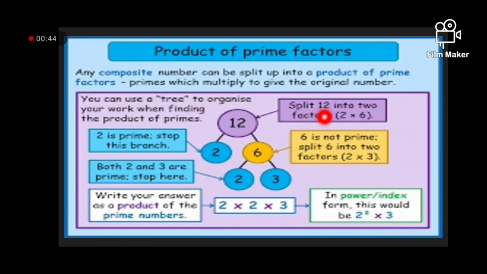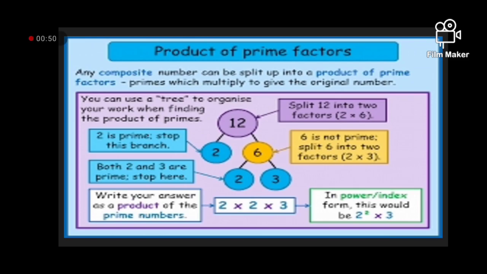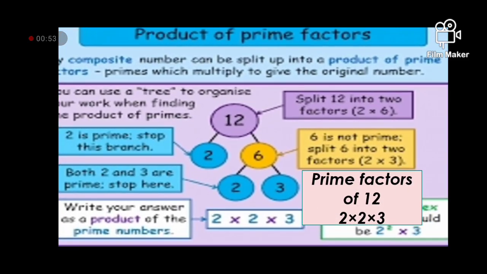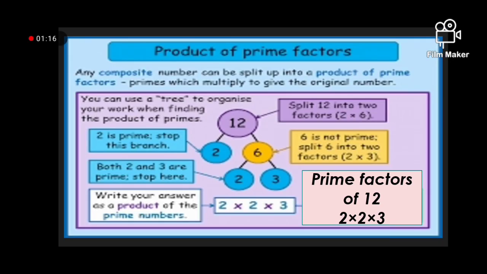First, we will split 12 into two factors. The two factors of 12 are 6 and 2. 2 6s are 12. Now 2 is a prime number, we will stop this branch. Then we will split 6 into prime factors. The prime factors of 6 are 2 and 3, means 2 3s are 6.